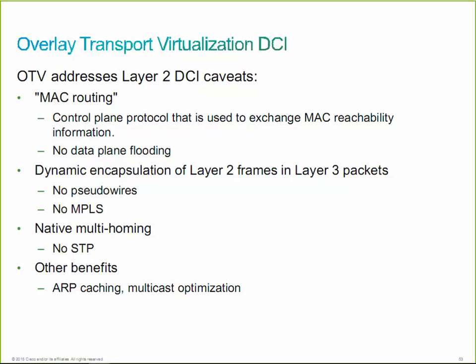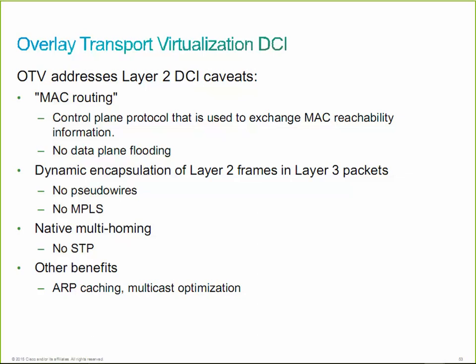OTV, right? OTV, which is our Overlay Transport Virtualization, is going to provide us a different option, right? It's actually an IP-based function that's designed to provide Layer 2 extension capabilities over any transport infrastructure.